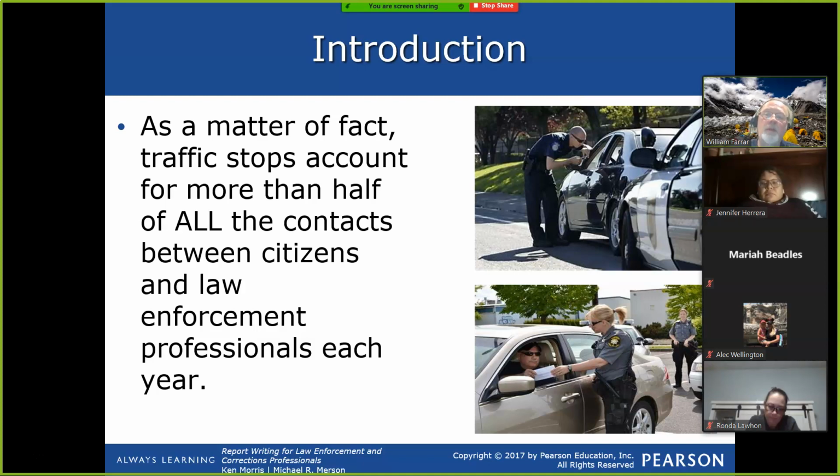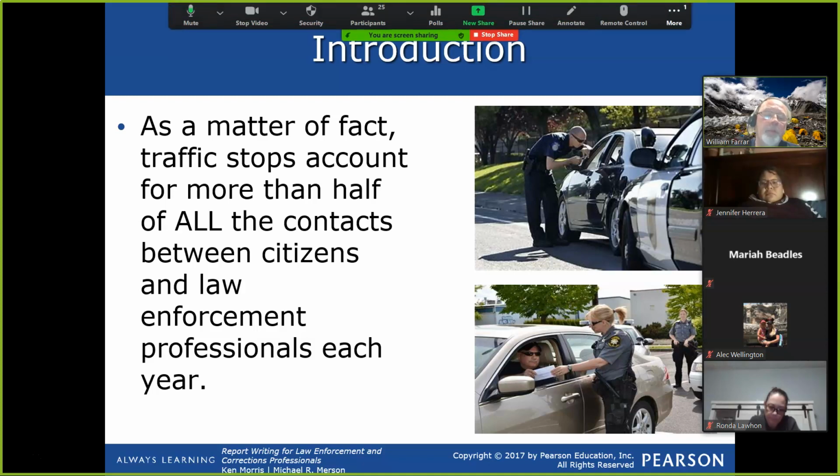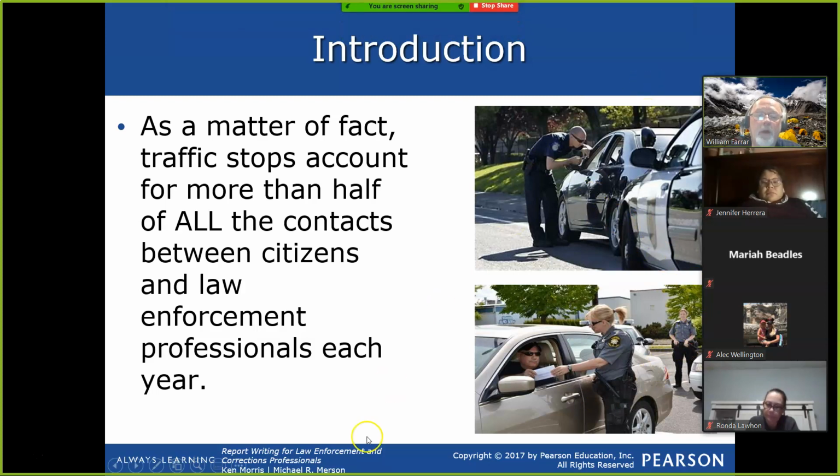Typically, if we go by the numbers, traffic stops account for more than half of all the contacts between citizens and law enforcement every year. So that's a lot, because we see a lot of people drive, I'm not going to say crazy, but sometimes they drive a little bit fast.